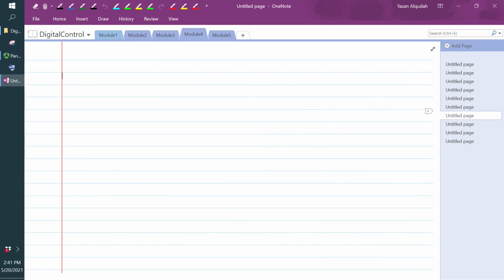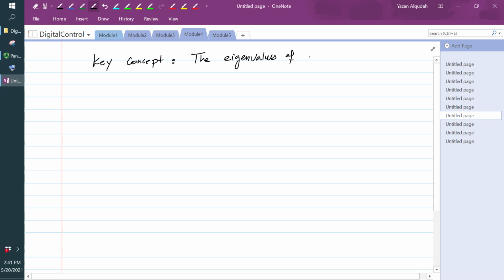So we conclude from all this that if I have a system that is represented by the state space representation, then the eigenvalues of the system matrix are the same as the poles of the transfer function.